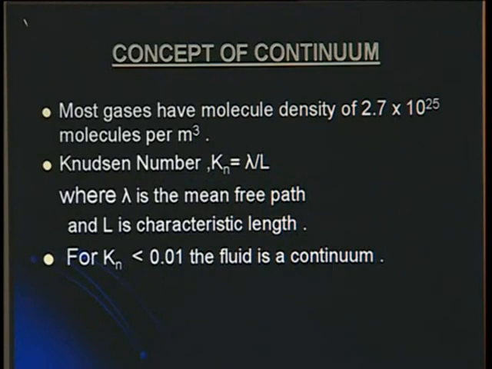So, what is the concept of continuum? The hypothetical distribution of the mass over the control volume is called continuum, and whatever equations we are going to develop in mechanics of fluid are developed on the basis of the assumption that the continuum concept holds good. For that, the Knudsen number must be less than 0.01.